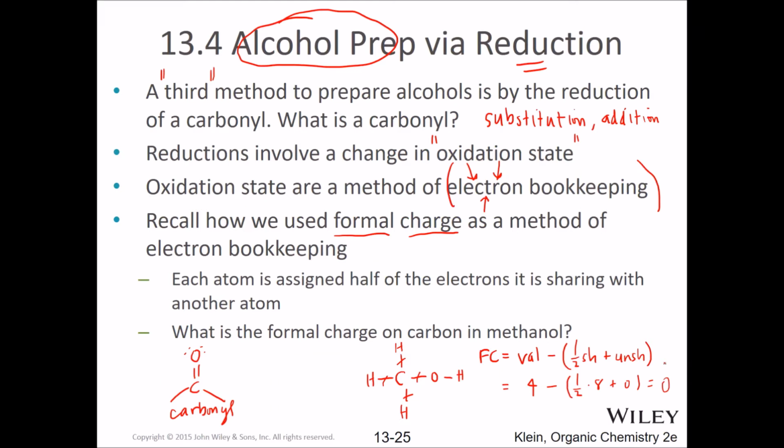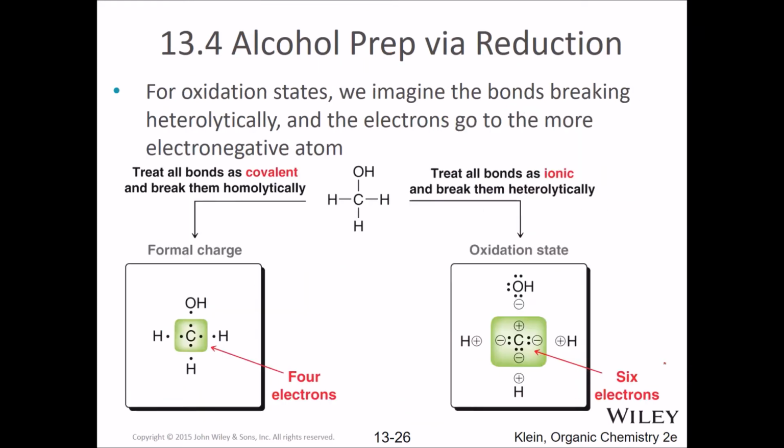So Klein gives us a couple of slides here on how to calculate oxidation state. There are going to be so few rules, though, that you're going to eventually memorize them. Okay? But let's look at the way he describes it, and see he does a good job with this. With formal charge, I sort of drew a picture of this on the previous page.